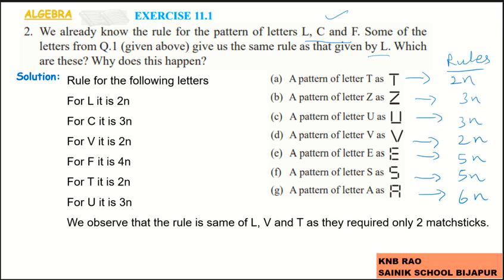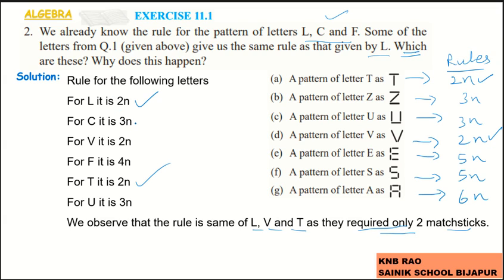So we observe that the rule for L is 2n, the rule for V is 2n, and the rule for T is 2n. So L, V, T, as they require only 2n matchsticks, they are the answer. So I have given the reason.